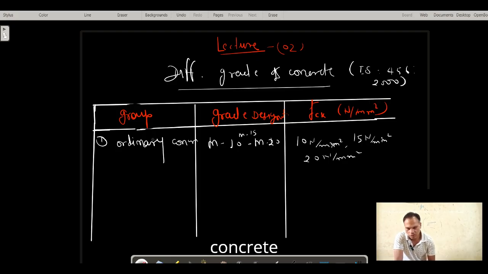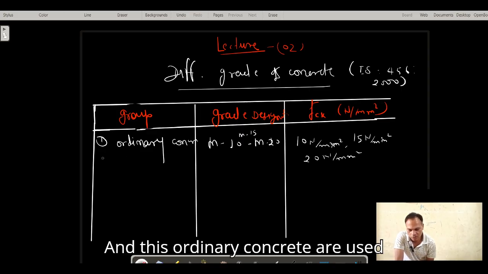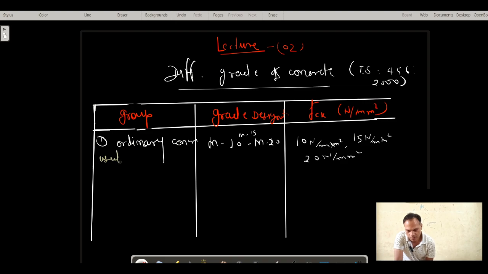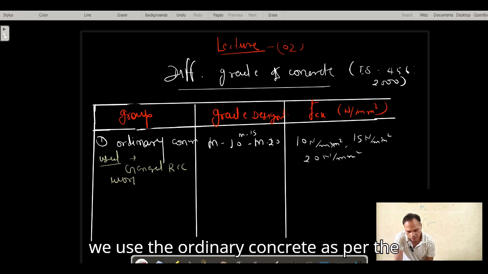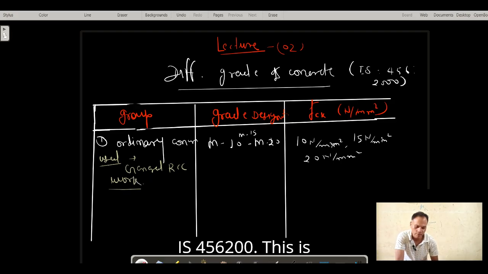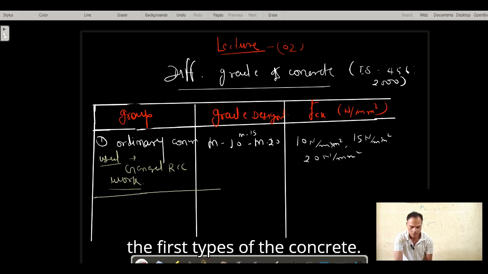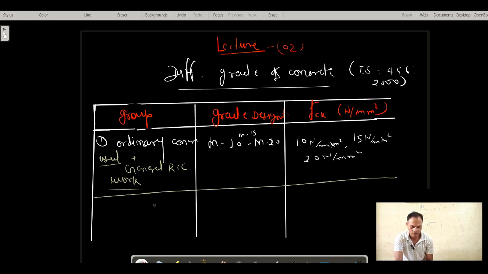This ordinary concrete is used in general RCC work, as per IS 456:2000. This is the first type of concrete.